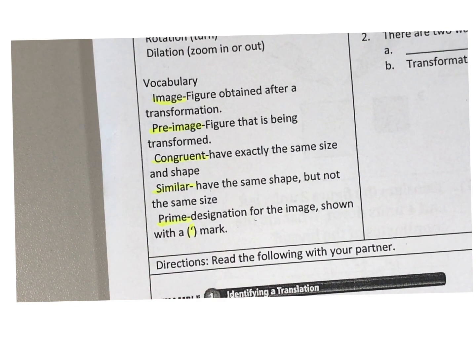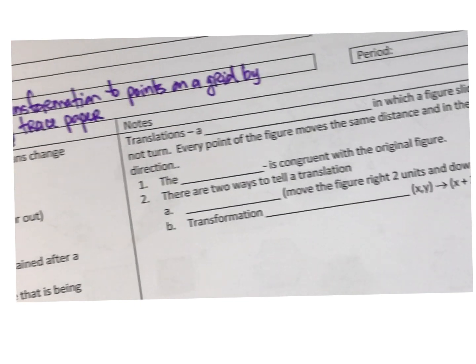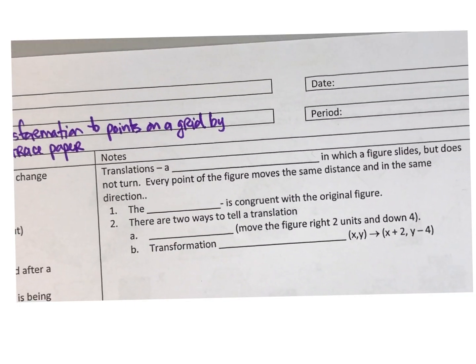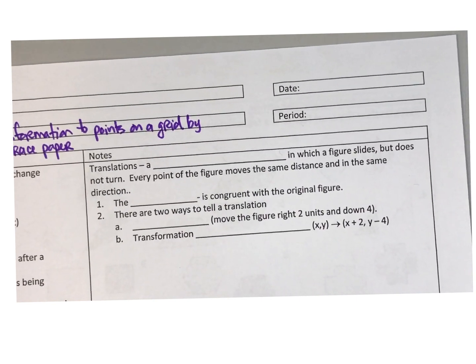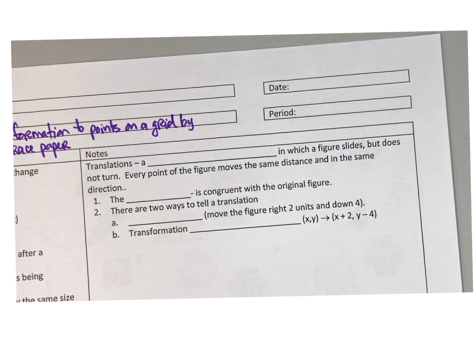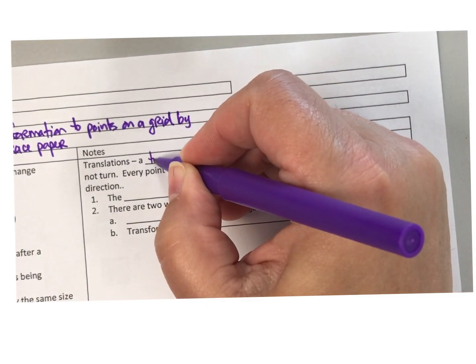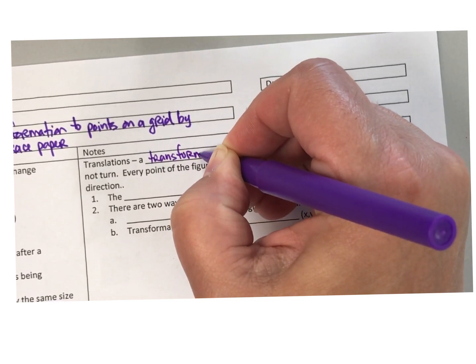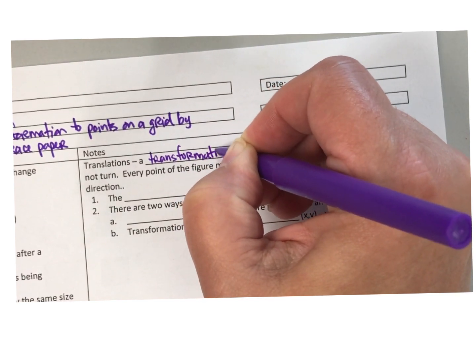We're going to fill in some notes. This is on the other side, and I'm going to bring this in just a tiny bit so we can see what's going on. We're going to fill in the blanks. It says a translation is a transformation, or change. It's kind of like Transformers.